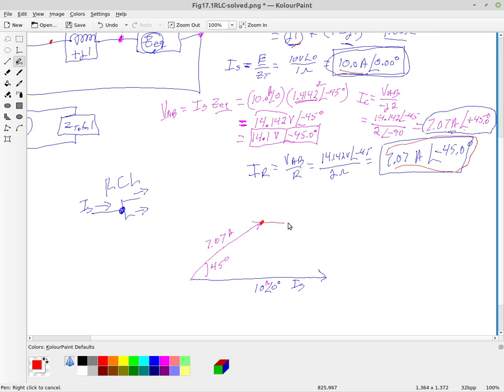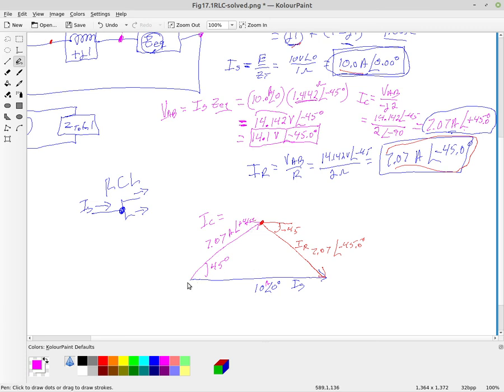So if we start at this point and go down at an angle of minus 45 degrees with a magnitude of 7.07, this was IR here, which is 7.07 at an angle of minus 45 degrees. And this was my capacitor current of 7.07 at an angle of plus 45 degrees.